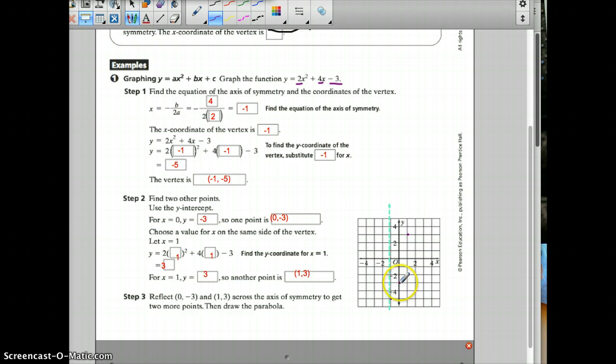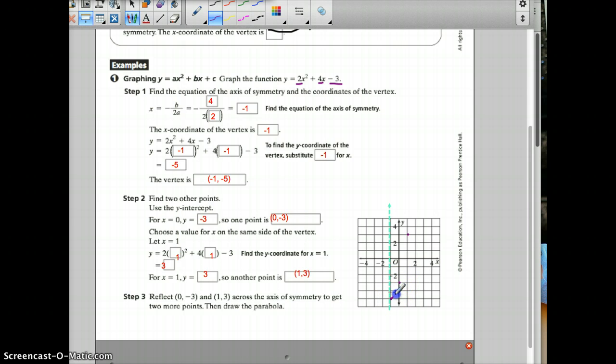So 0, negative 3, and here I've plotted it in purple. Then I pick 1. Again, an easy value for my graph. I pick 1, and my y value then becomes 3. So here's my third point.